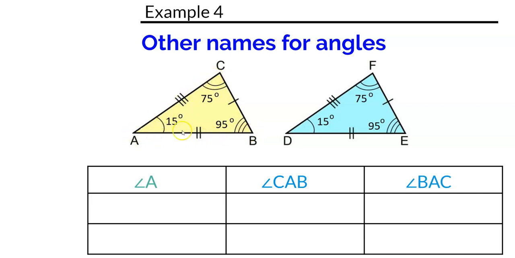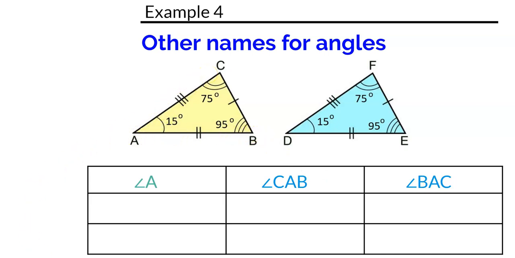So you can see the pattern is, if we're talking about angle A, as long as the middle letter is A, then we're also talking about the same angle A. So again, it's CAB, or it could be called BAC.